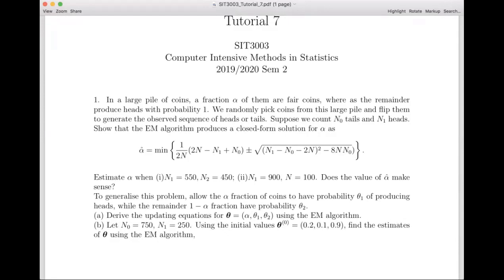You have a large pile of coins, okay? Suppose you got a large pile of coins, right? And a fraction of them, alpha of them, are fair coins. Fair coins, so when you toss them, you get an equal chance of heads and tails. Then the remainder are completely biased coins, which when you toss them, they always give you the head.